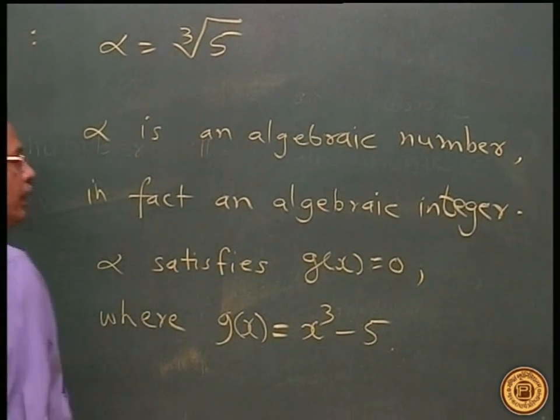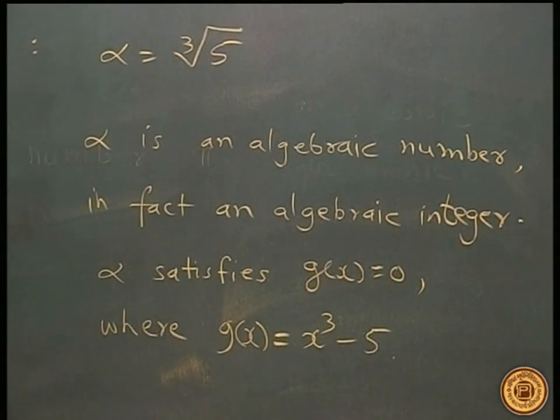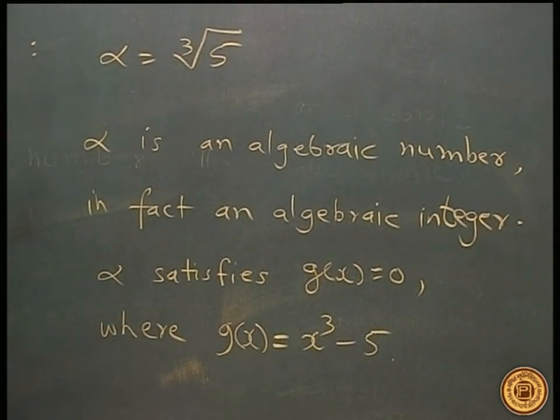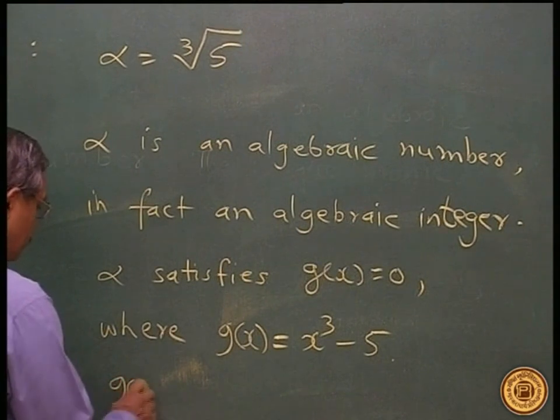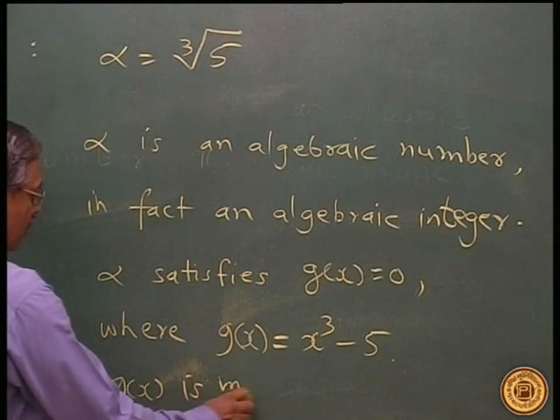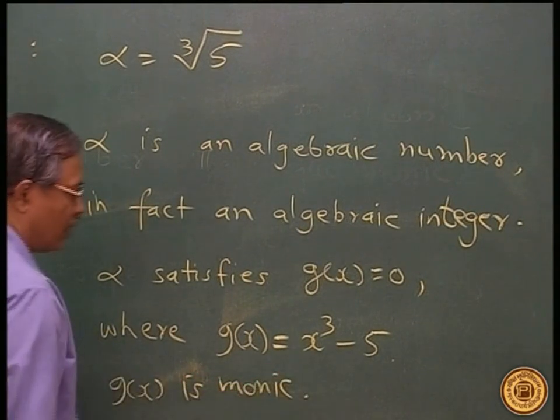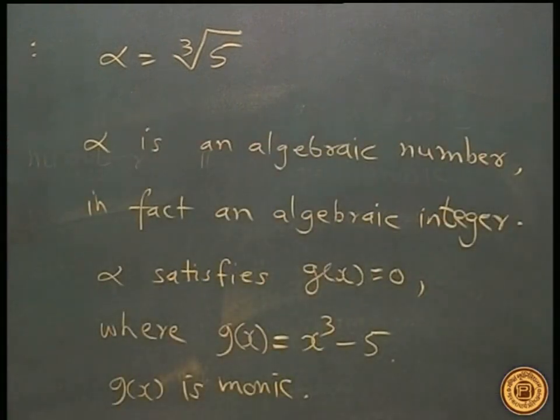Now, is this the minimal polynomial of alpha? So this is monic, Gx is monic. Now, is this irreducible? That's the question. If this is irreducible, this is the minimal polynomial of alpha.